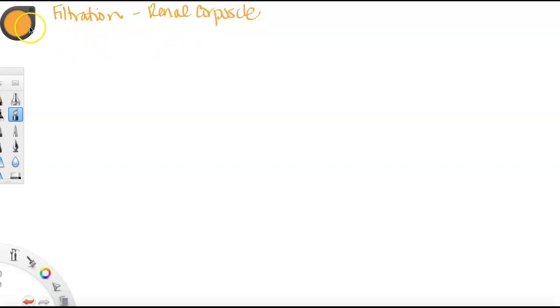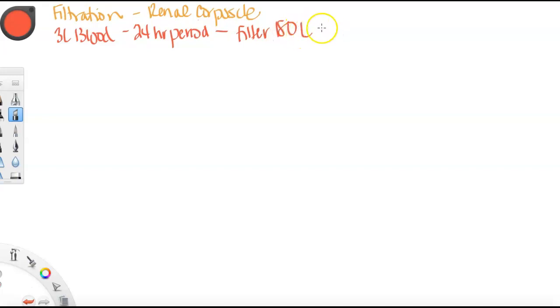In our body, we have about 3 liters of blood, and in a 24-hour period, we filter about 180 liters into Bowman's capsule. That's a lot. So how does that happen?